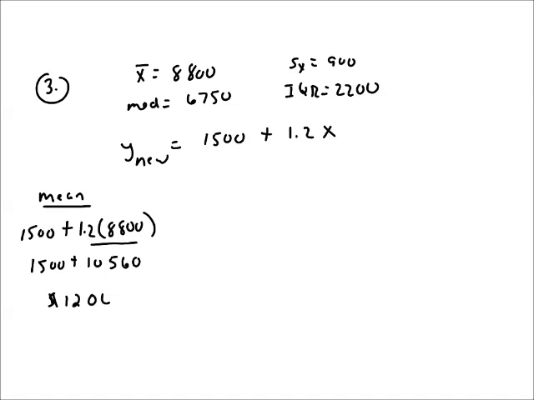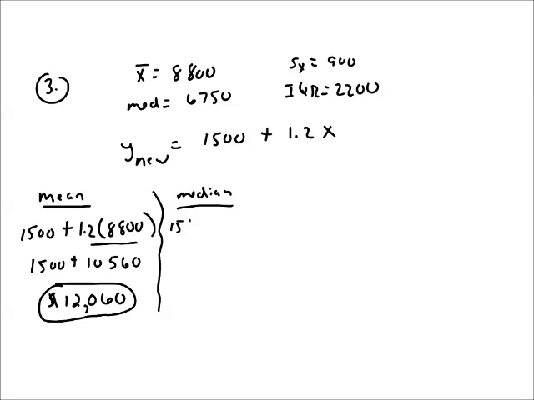Make sure you can see that. So there's the mean. Median, 1,500 plus 1.2 times 6,750.